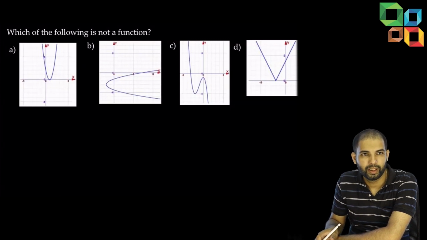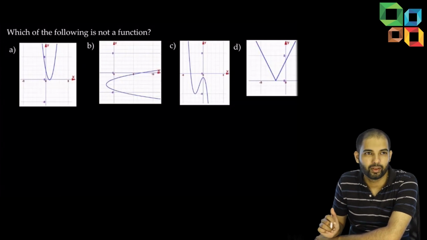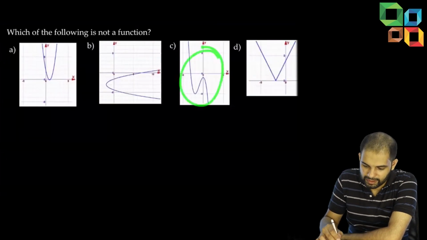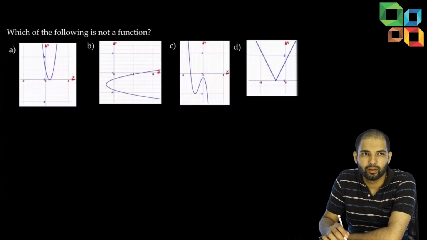B, C. Others are looking better, I think. Easier graphs. So many of you are answering C. Any justification for C?